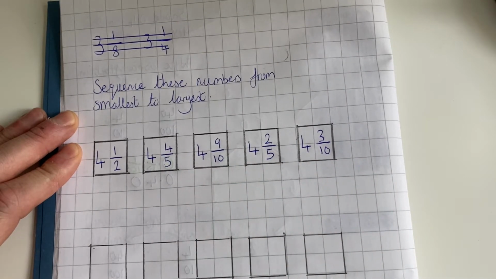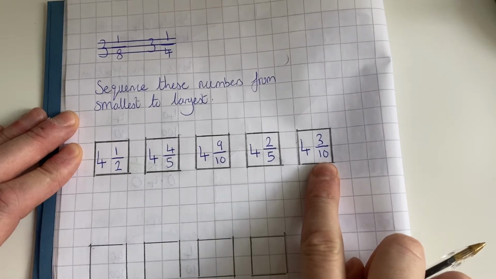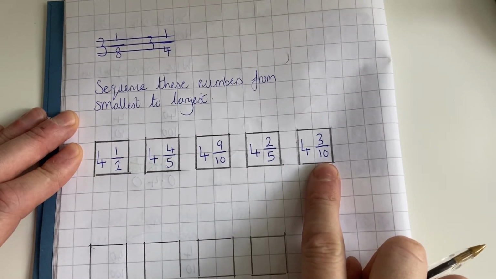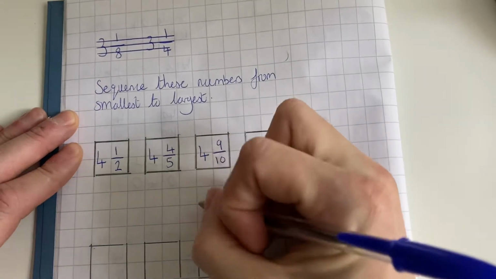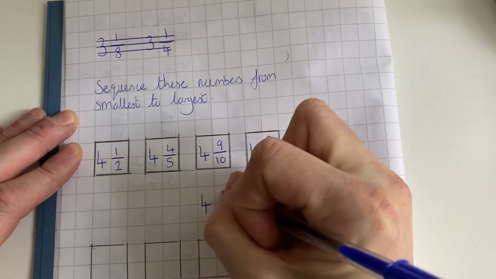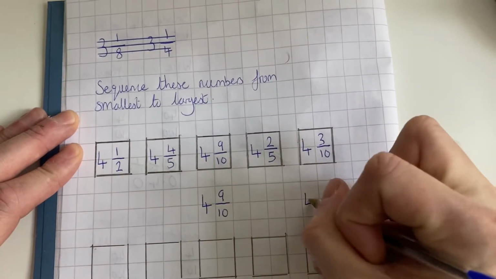Now to do that, we're going to choose the largest denominator we've got, and we want them to all be the same. So our largest denominator we've got is 10. So we don't need to change these two fractions. So we're going to write these down here. So we don't need to worry about them.